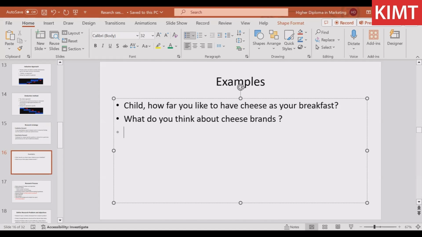Therefore, I don't eat too much, but I prefer cheese always, but I am not permitted to eat. Different thoughts they will tell you. Now the question is, you cannot quantify their thoughts and feelings. Actually, they are feelings, emotions. I cannot have values. You cannot measure it. These are called qualitative research.